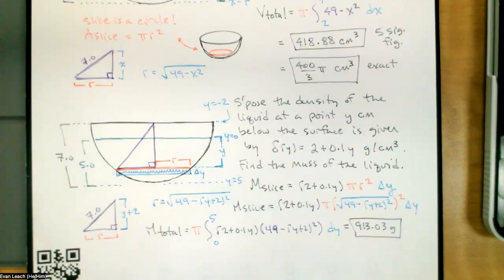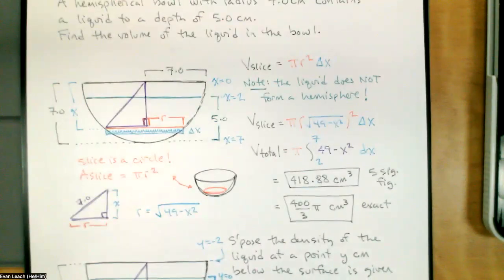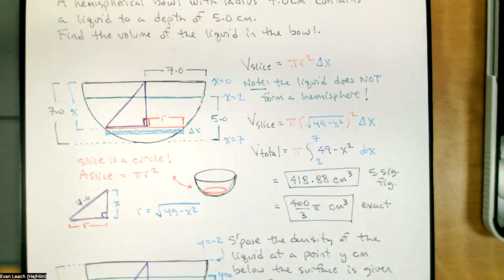Now if we had already found the volume, this 400 over 3 times pi, rather than resetting everything to be in terms of y, we could just reuse it. I'm not going to draw the whole thing.